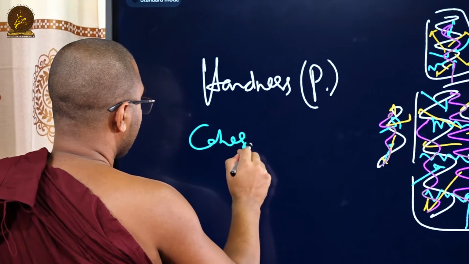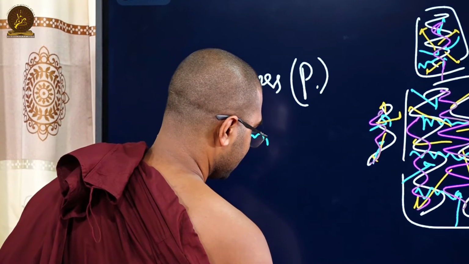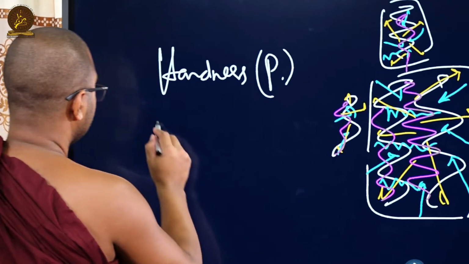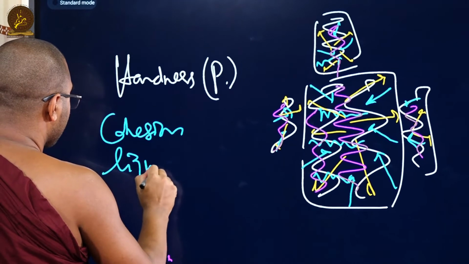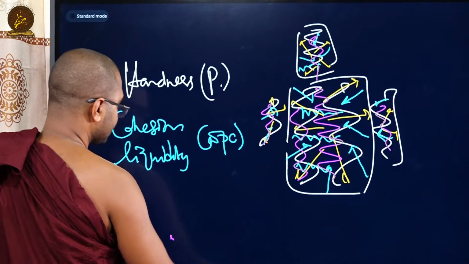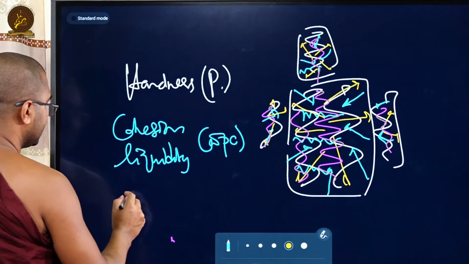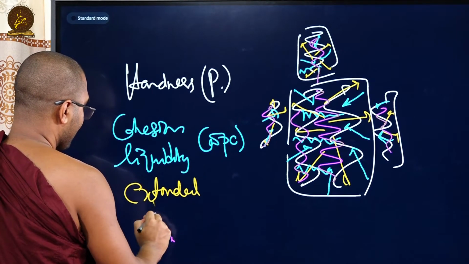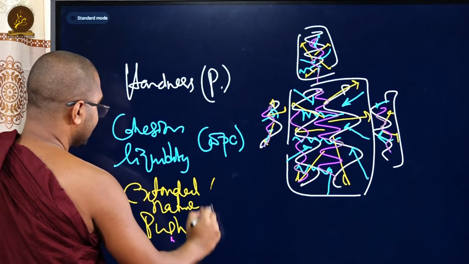Cohesion and liquidity is apo. Then we come into yellow color, the extended nature, or push given is by vayu.